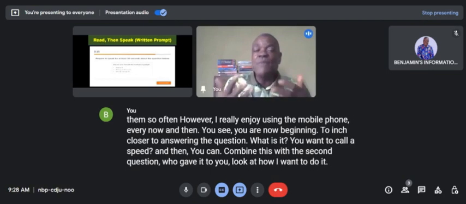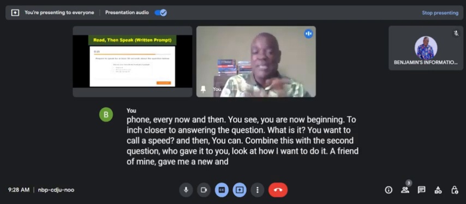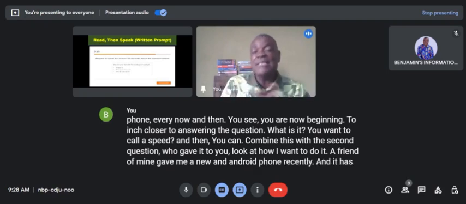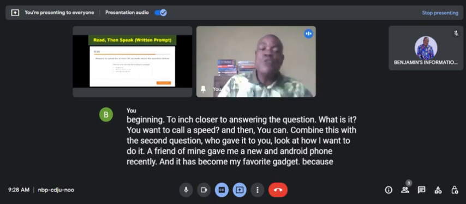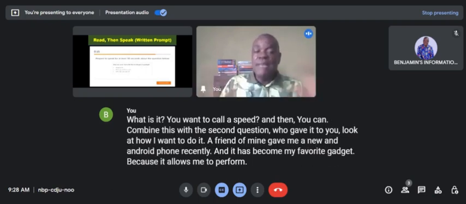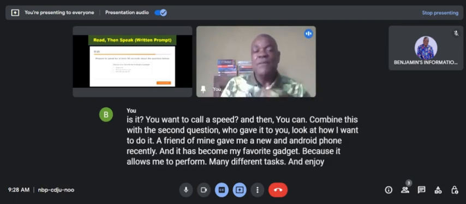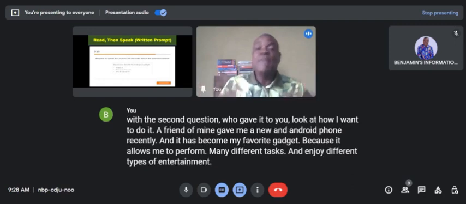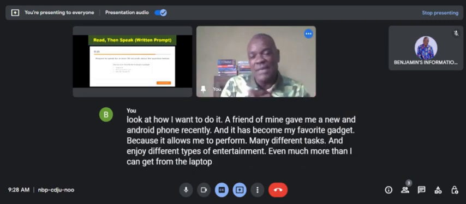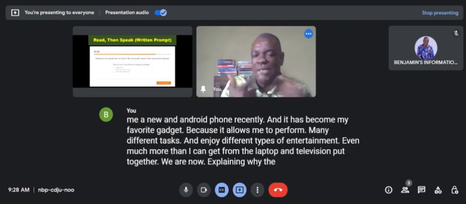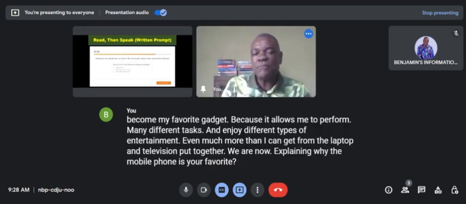A friend of mine gave me a new Android phone recently, and it has become my favorite gadget because it allows me to perform many different tasks and enjoy different types of entertainment, even much more than I can get from the laptop and television put together. You are now explaining why the mobile phone is your favorite. Now, you can still explain further.